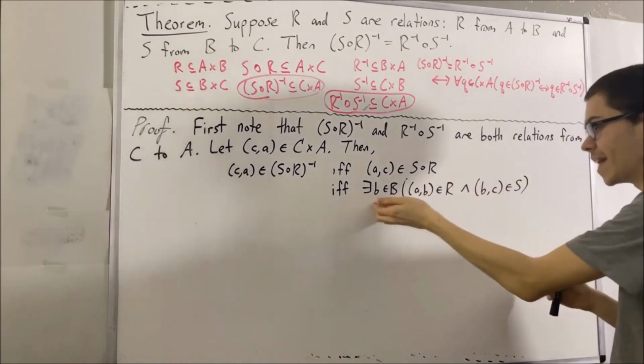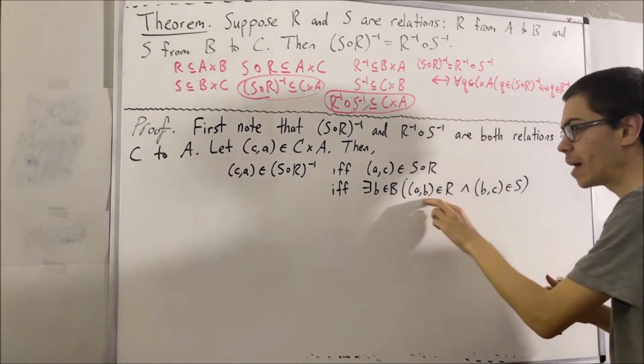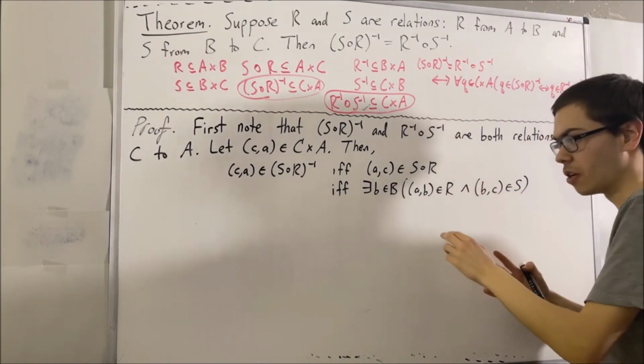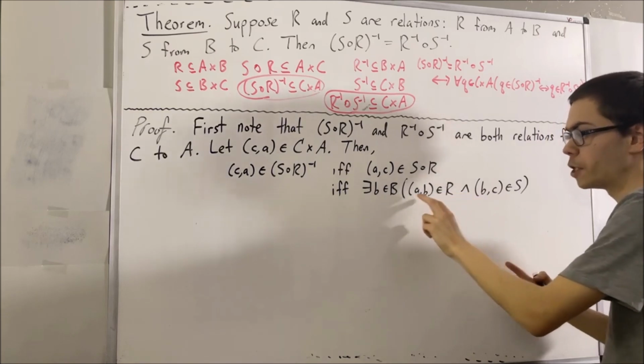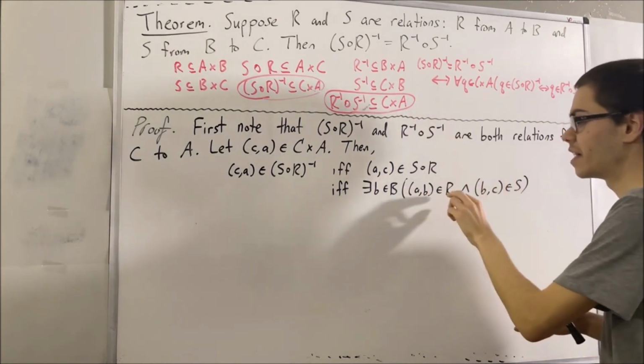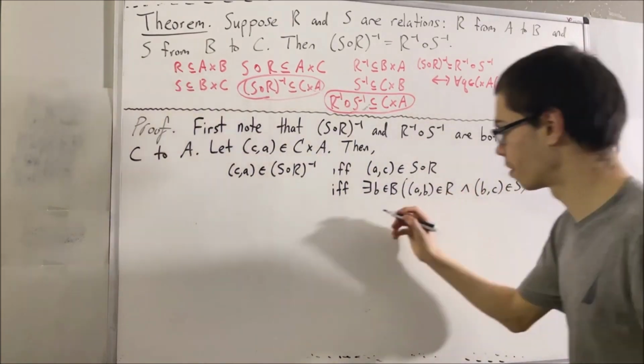Now notice, inside of the statement, we have A comma B is an element of R, and again, by inverses of relations, we know that this is equivalent to if we just swap the order of A and B and write that B comma A is an element of R inverse.